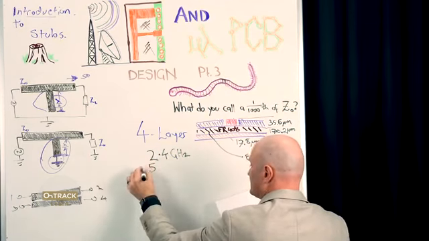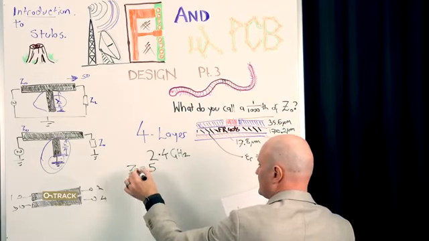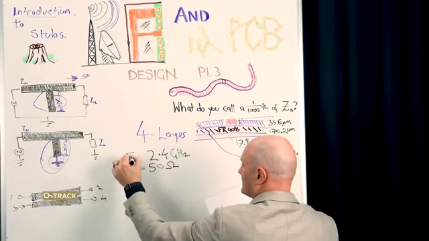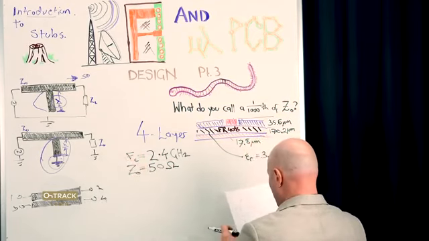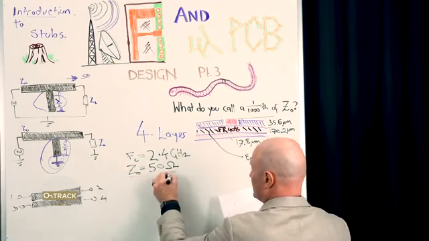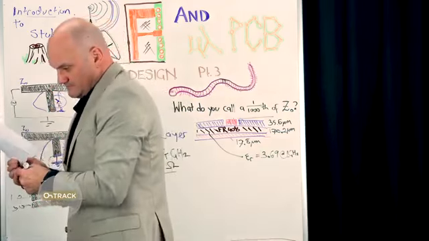And my system impedance, Z0, is 50 ohms. Center frequency, 2.4. And therefore, to get 50 ohms, what we end up with, this pen's dying, so I'll just get a different one.